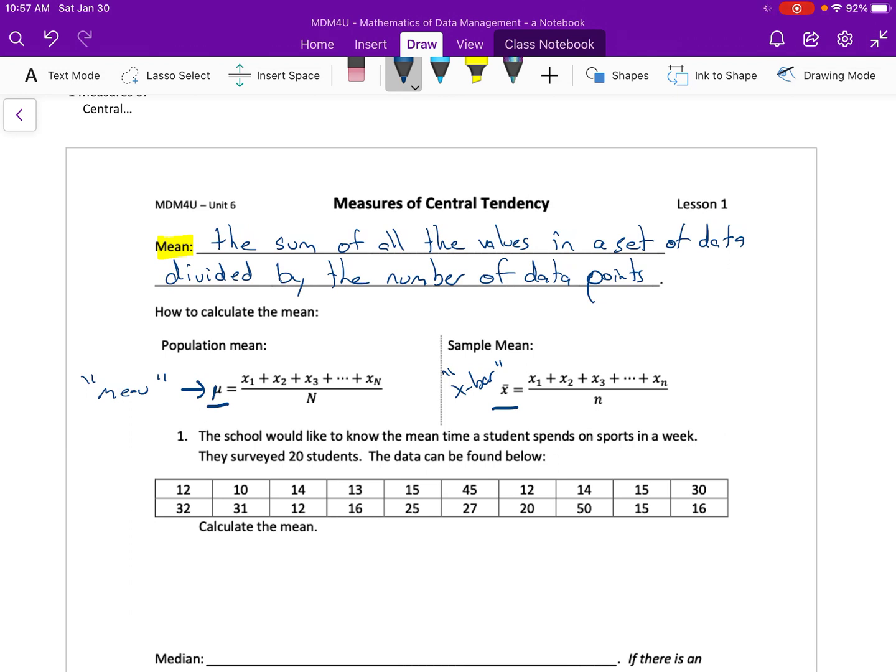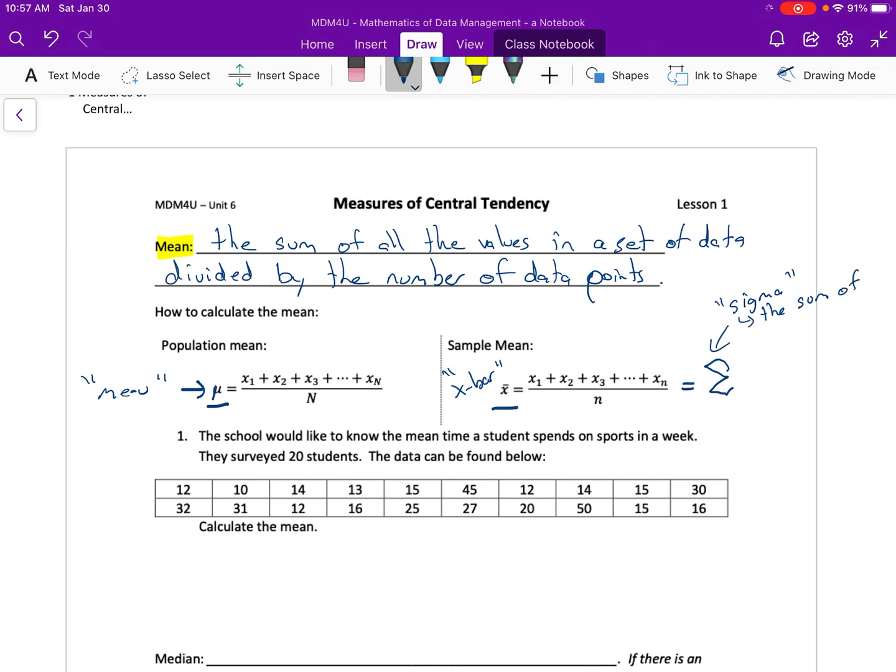But I will warn you, when you go on in stats, there's just so much notation, it becomes challenging. For example, rather than write out this whole formula where you're adding up all of the x's all the way to the nth x point, what you can use is something that's a bit more concise. Some of you may have seen this. This is capital letter sigma. And what it means is the sum of.